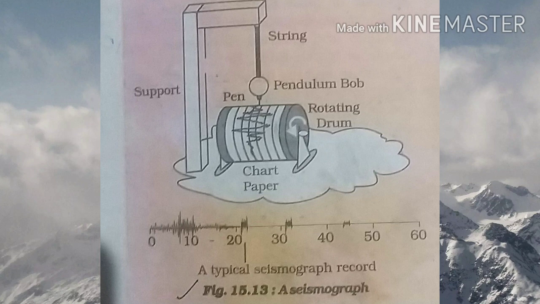Children, the image of the seismograph is given in your book on page number 194, figure 15.13. In the figure you can see there is a stand, there is a pendulum which is attached to the stand with a string, and in the pendulum a pen is attached. When a tremor occurs, this pendulum starts vibrating and due to the vibration of the pendulum, the pen records the wave on the paper which is always moving.